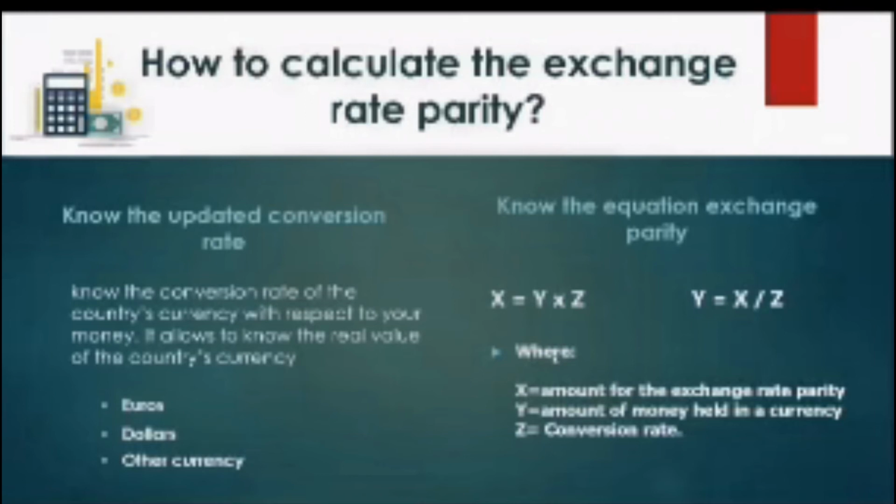On the one hand, if we want to know how many euros we will have if we change $15, it is enough to apply the first formula. But if we want to know how many dollars we need to deliver to obtain 7 euros, we use the second one. So let's go to see these examples.